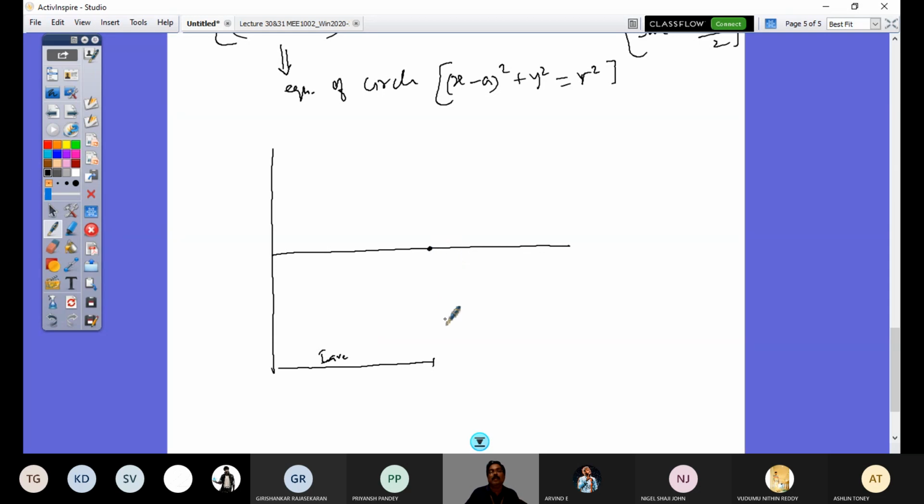And this is the center. Let me construct a circle. Not so perfect a circle, but it can be considered to be a circle. So this point is C.